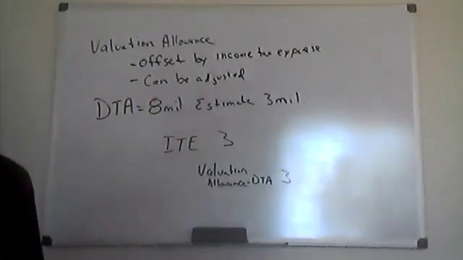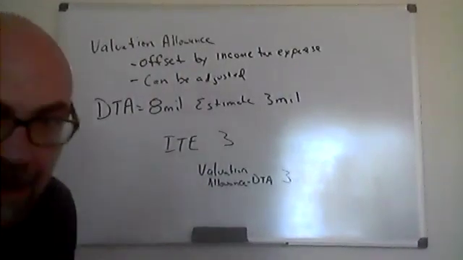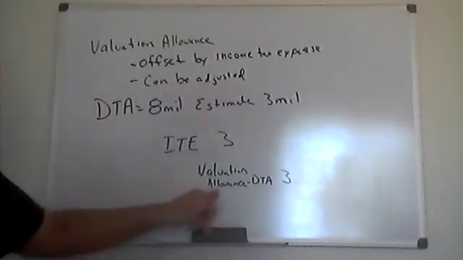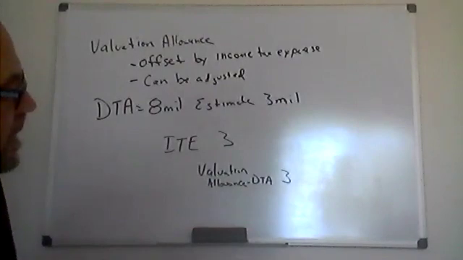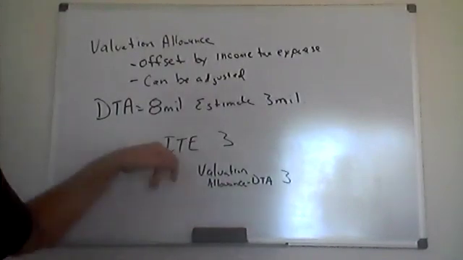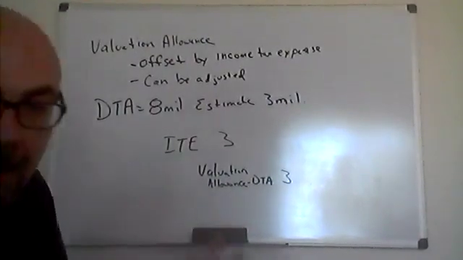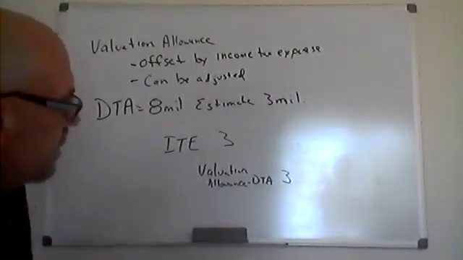And that is all it is. Whatever you estimate that you're not going to receive goes into the valuation allowance for the deferred tax asset. It increases your income tax expense. The offsetting journal entry is always income tax expense.